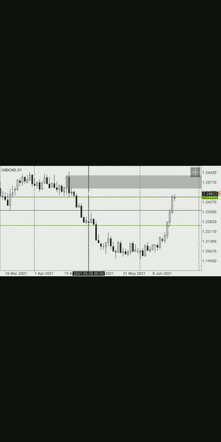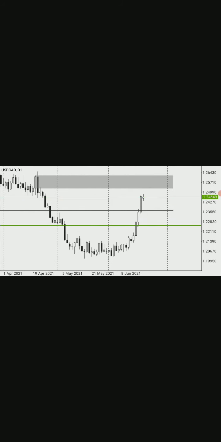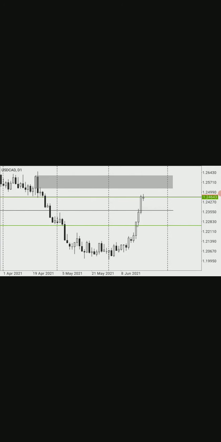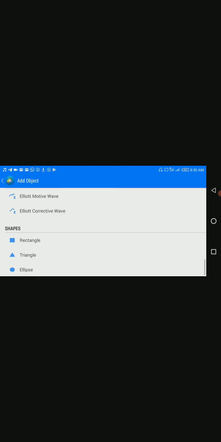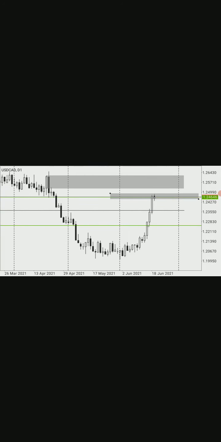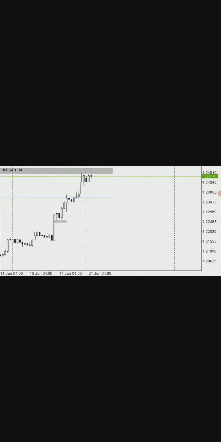But we might also expect some rejection from around this particular area right there, right? This can also be very sensitive for price to actually have some rejection from this area right here. Price might actually have some rejection.